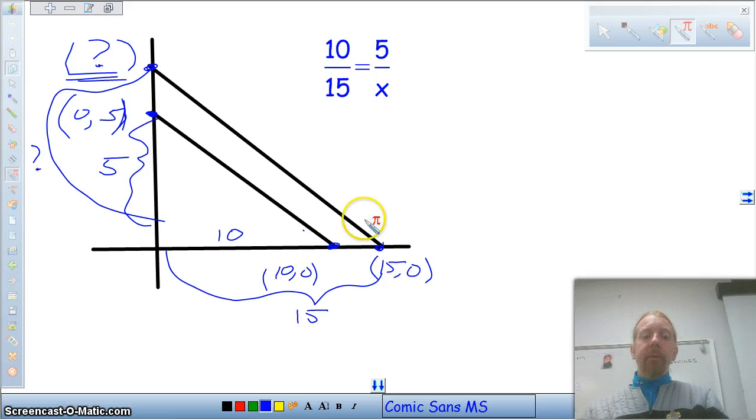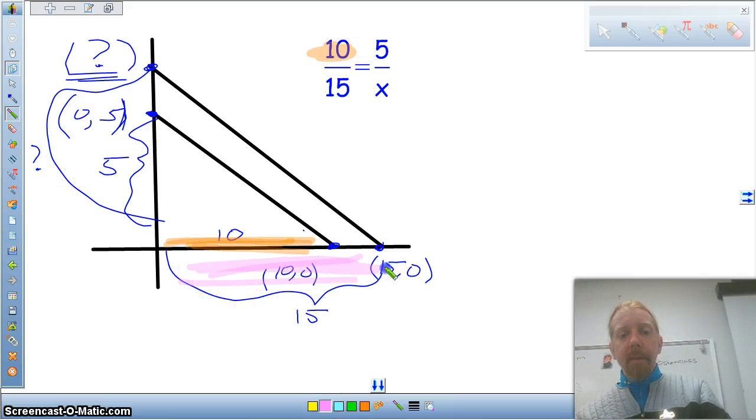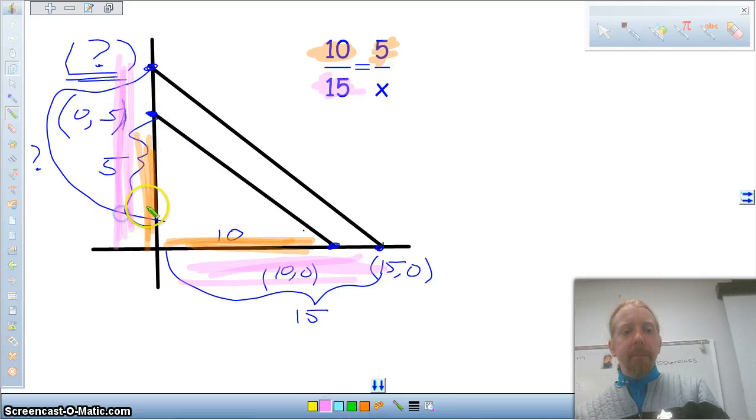So I'm going from this length, 10, to a related length, 15. I'm going from small triangle to big triangle.